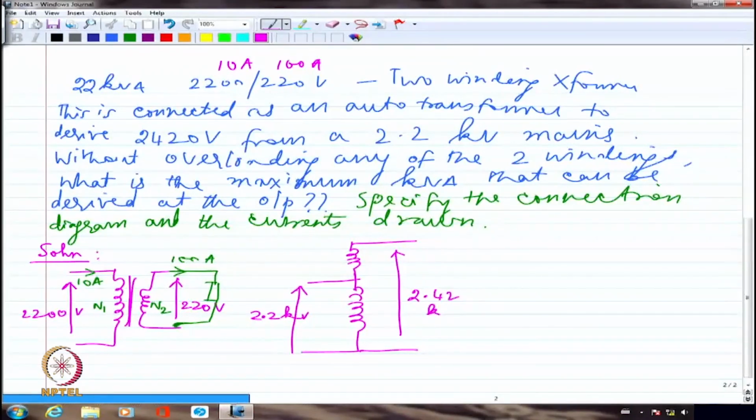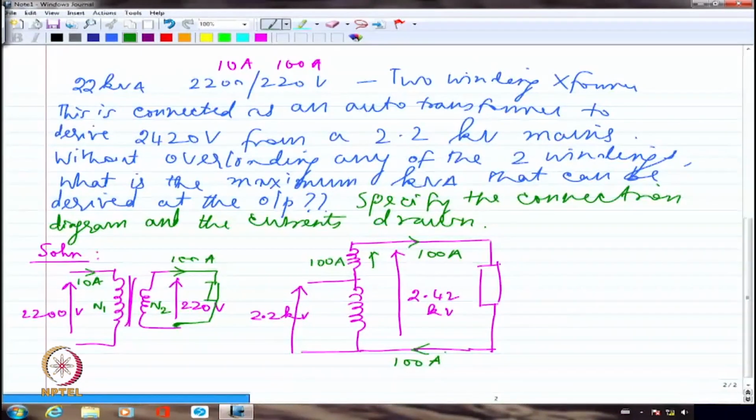So I know for sure that this particular winding, the 220 volts winding, can carry a current of 100 amperes without getting overloaded. So I assume that it can carry up to 100 ampere. I will have to see how I am going to do the whole thing. If this is carrying 100 ampere, this will follow Kirchhoff's current law. So I will have 100 ampere here, and this will be returning again 100 ampere. I am just showing KCL. Fine.